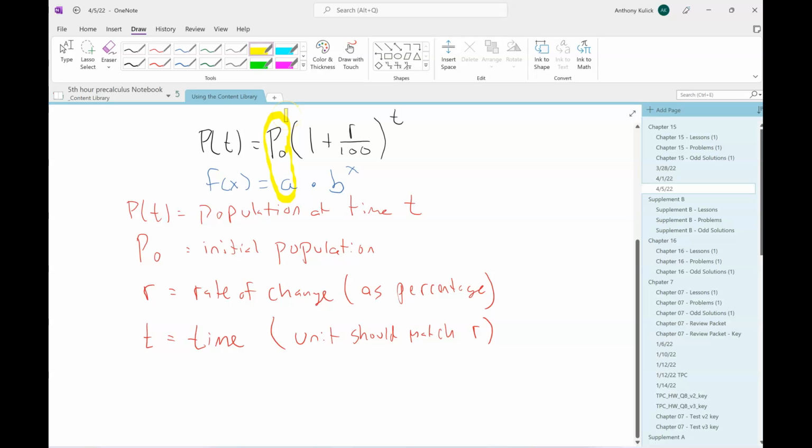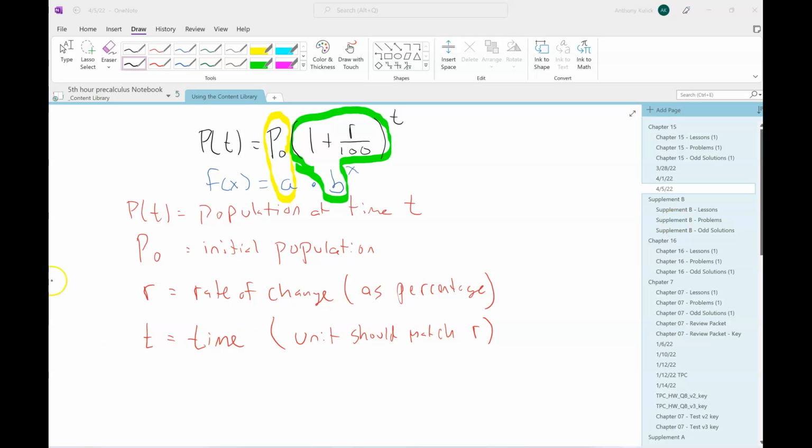So in that sense, P naught is like our a, and 1 plus R over 100 is like our b. Keeping that in mind, we can talk about whether a population model is growth or decay.